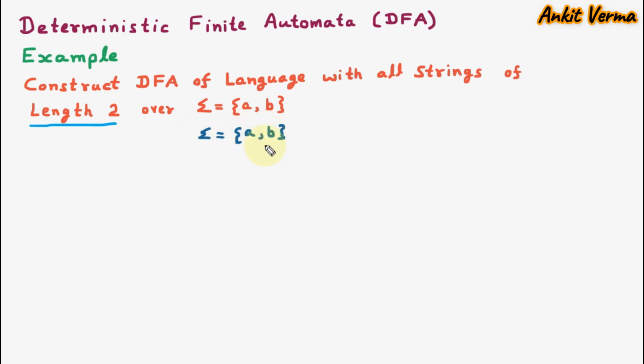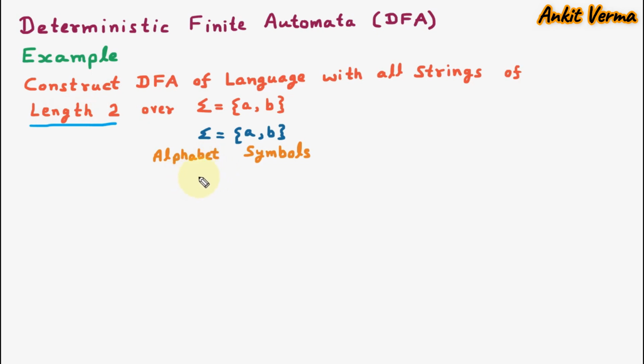The important thing is that a string of length 2 means a string which contains exactly 2 symbols. Here a and b are symbols and sigma is the alphabet. The alphabet is the set of symbols, given as a comma b. The meaning is that we are going to construct strings from a and b which should be of length 2.